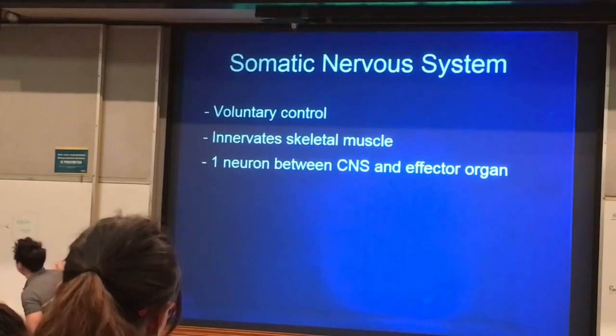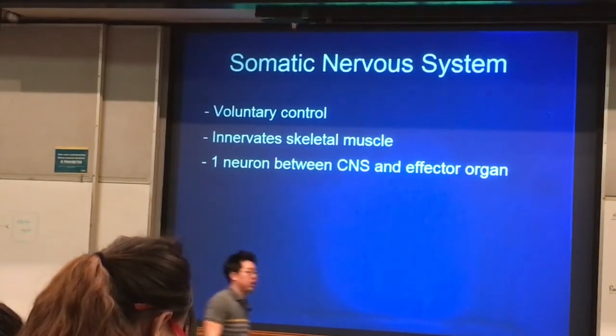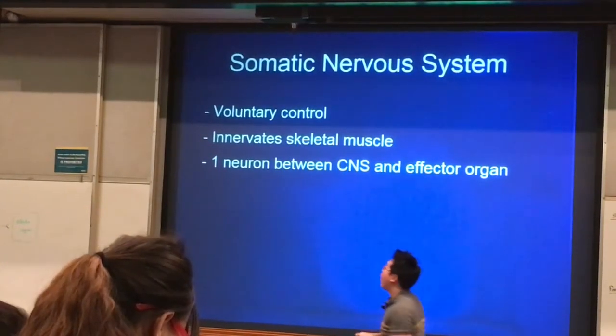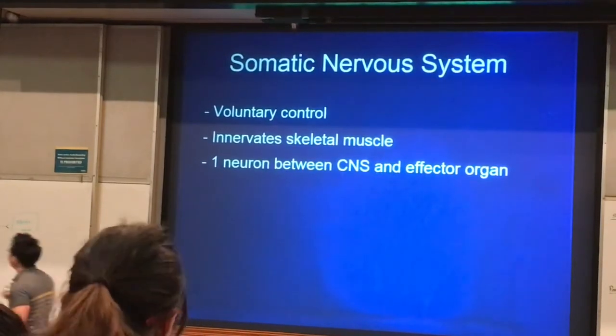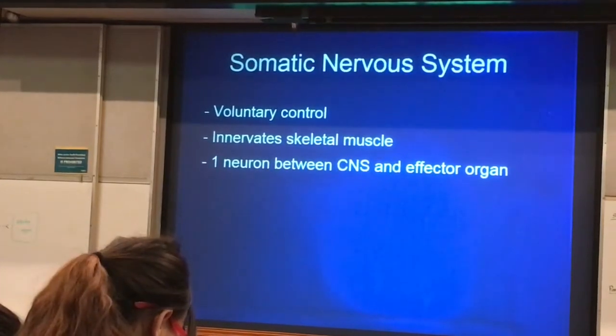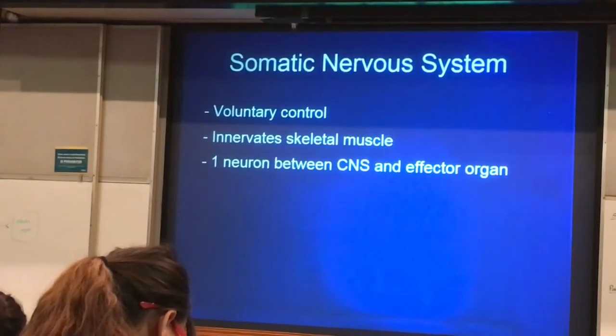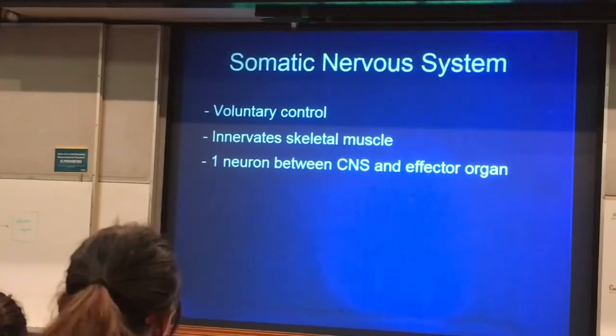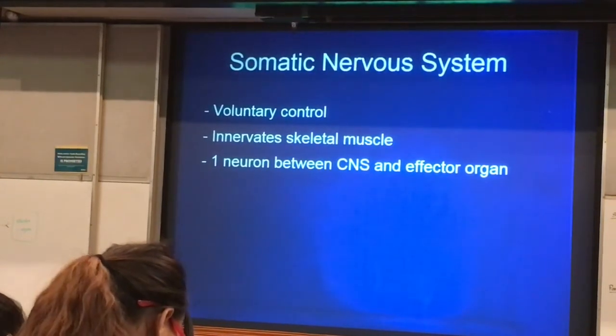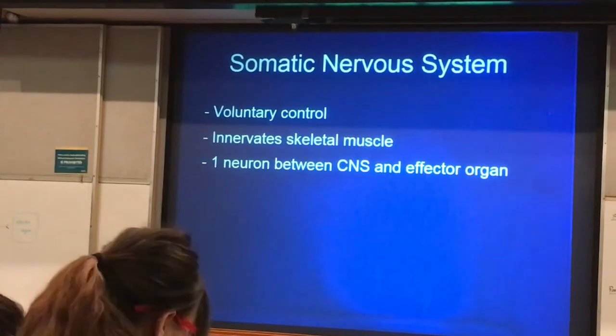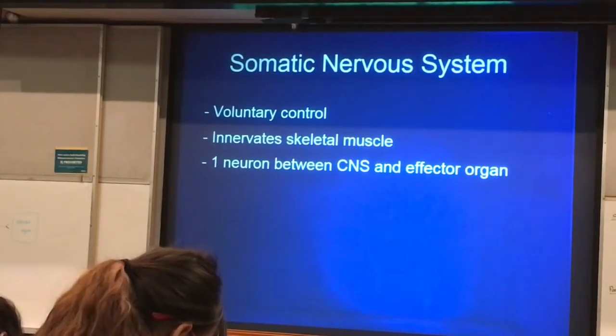So over here, I can draw, we have our general autonomic pathway, and then this is going to be the general somatic pathway. So we have 1 neuron between the CNS and the effector organ.